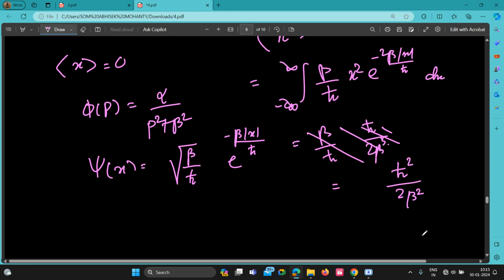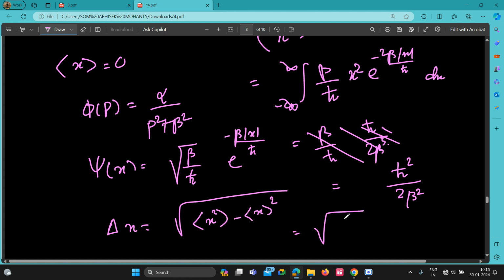That will be the integration. So if we just put it here, delta x is equal to root over of h square by 2 beta square. That is h squared by root 2 beta.